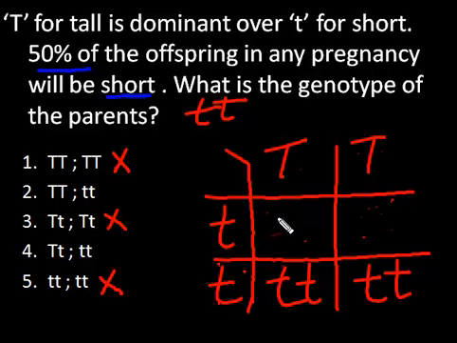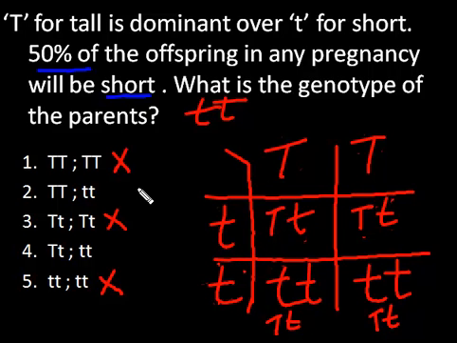Then you will find that these are the possibilities: all children will be capital T, little t, so all children will be tall. So even this does not work out.